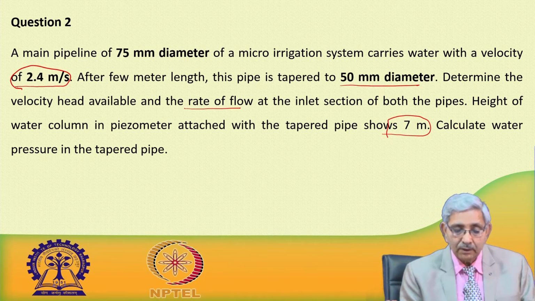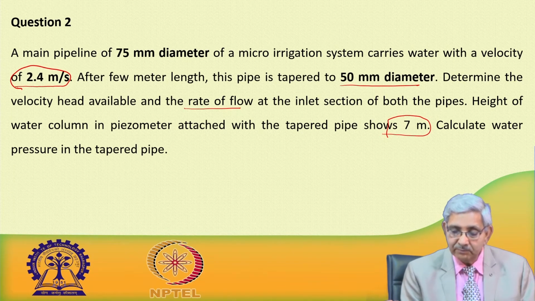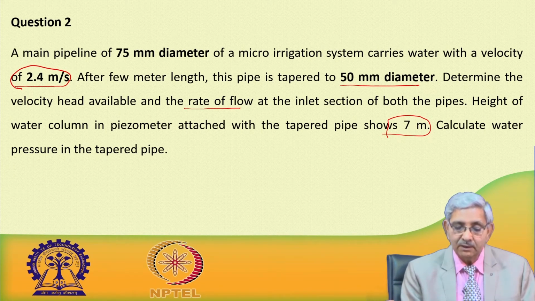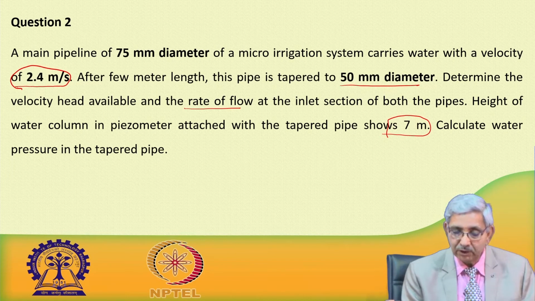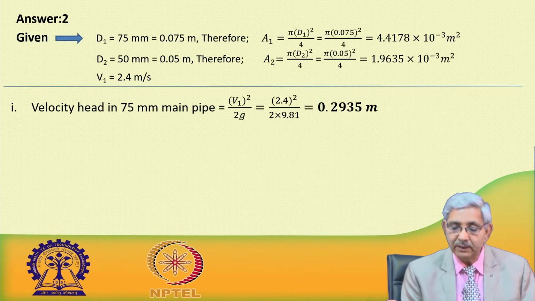So, we are given two pipes, one pipeline is 75 millimeter, another is 50 millimeter, and the velocity through the main pipeline, that is the 75 millimeter pipeline, is 2.4 meter per second. We are required to determine the velocity head, the rate of flow, and the pressure in the 50 millimeter diameter pipeline.